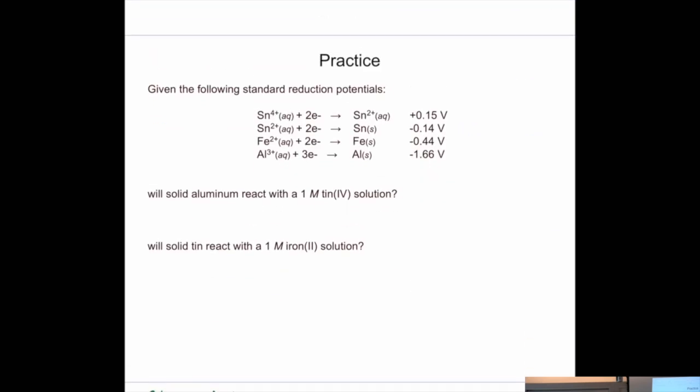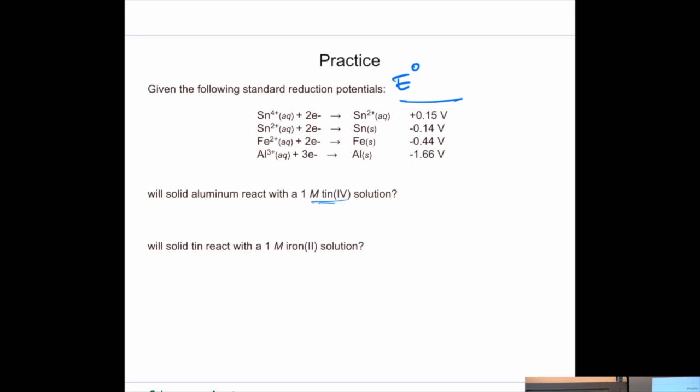Here's a short list from the table. All right. So given these are all standard reduction potentials, that's what this is here. If we mix solid aluminum with a 1 molar solution of tin 4, I'm not telling you what the spectator is, all right?